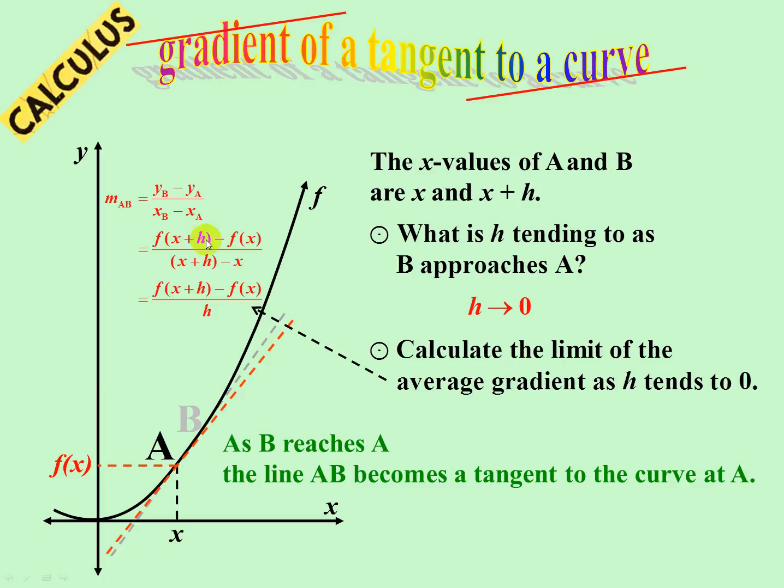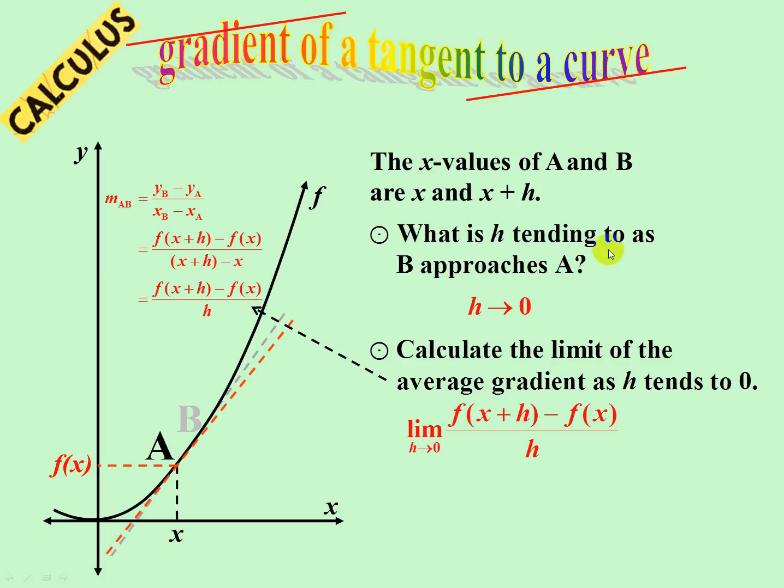Now there's the f of x plus h minus f of x all over x plus h minus x, which becomes h below. And calculate the limit of that as h tends to 0. Well, there we are. The limit of that as h tends to 0.